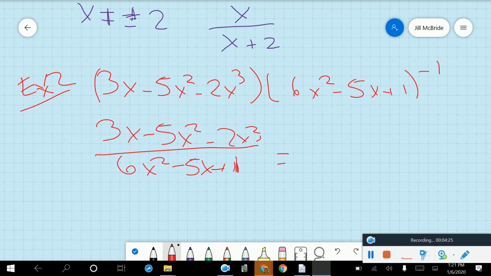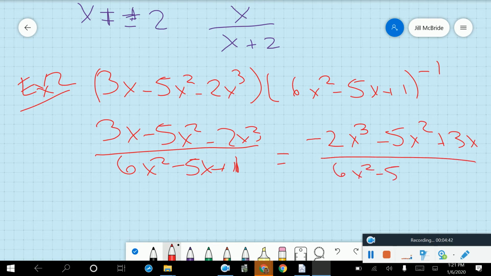Okay, now I'm going to go ahead and write my polynomials in standard form. I'm going to rearrange the numerator to be negative 2x cubed minus 5x squared plus 3x. And the denominator is 6x squared minus 5x plus 1.